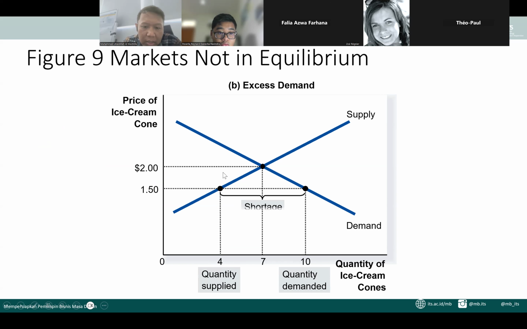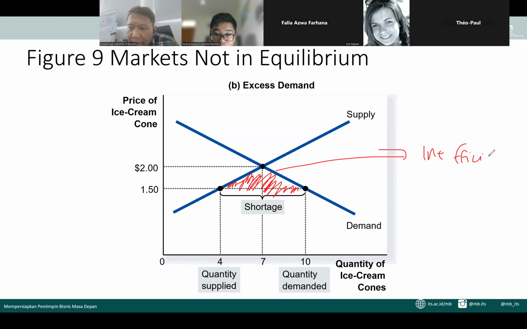This shortage leads to inefficiency. In this case, the market is also inefficient. So the market is only efficient at the equilibrium price.